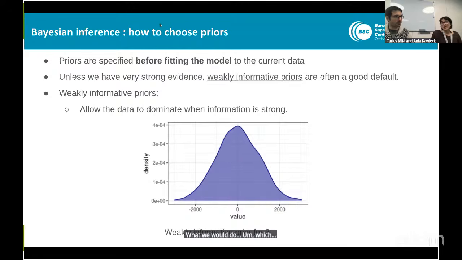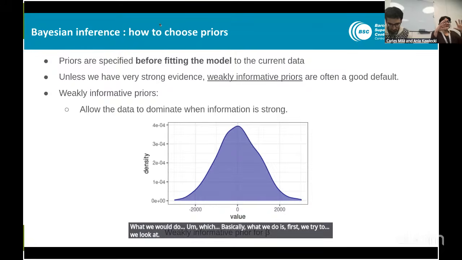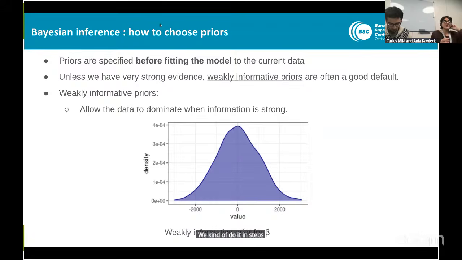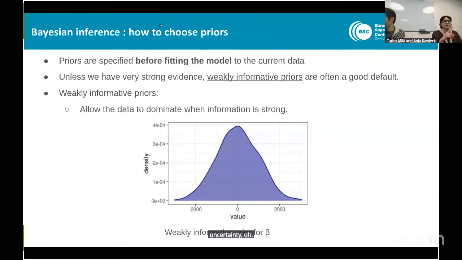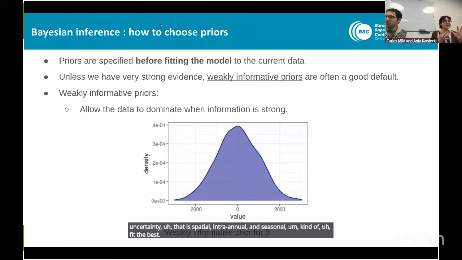Basically, what we do is we do it in steps. First we look at which random effects, I'm sorry, I keep using that terminology, so which variables that absorb this uncertainty that is spatial, interannual, and seasonal fit best in our data.